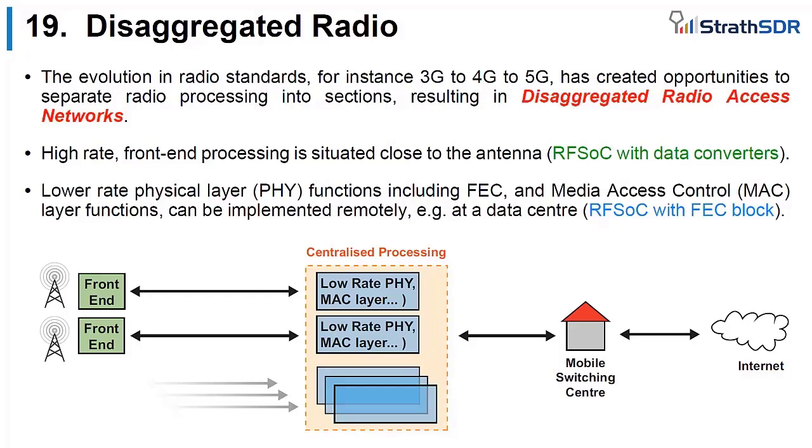So over the last few years, we've also seen the evolution of disaggregated radio for SDR. And the thing about disaggregated radio is a simple idea: we've taken the processing that we're required to do for a software-defined radio system and split it into a couple of blocks, so disaggregated or separated.